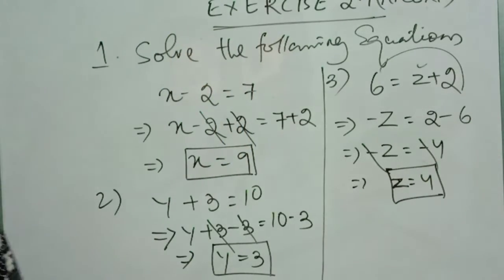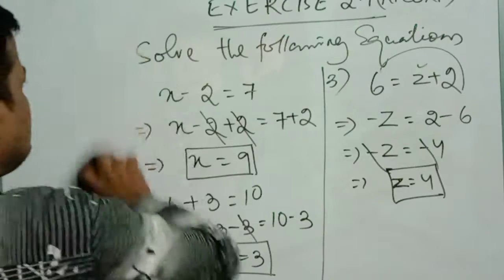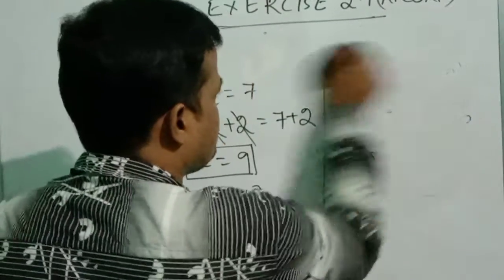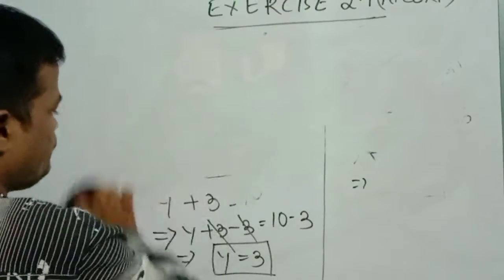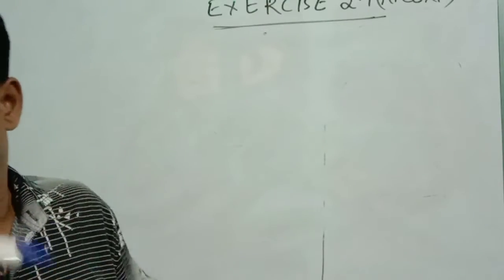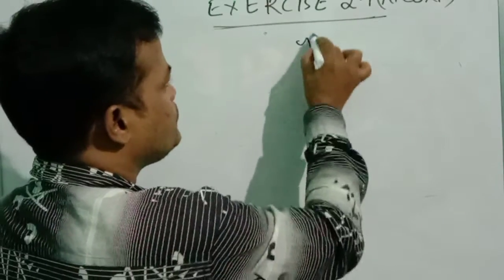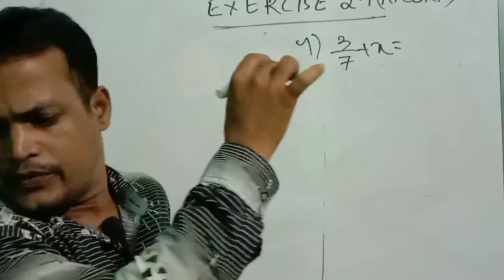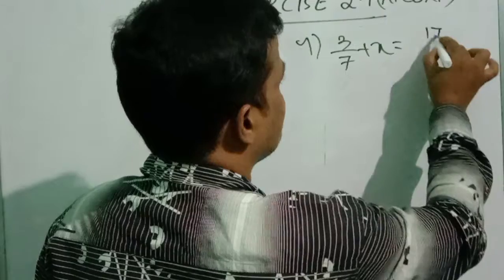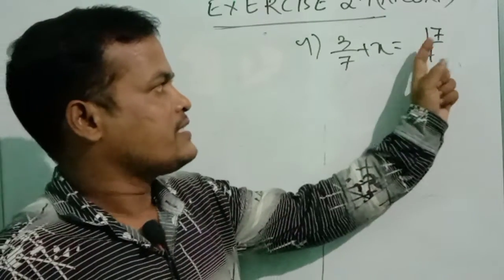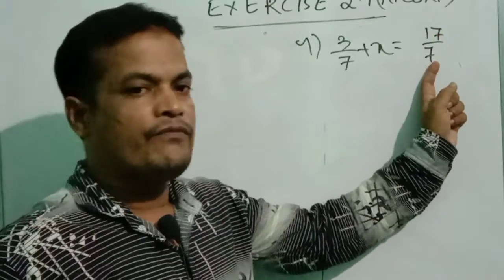This is the value, z equal to 4. Now let us do number 4: 3 by 7 plus x equal to 17 by 7. So we are given 3 by 7 plus x equal to 17 by 7.